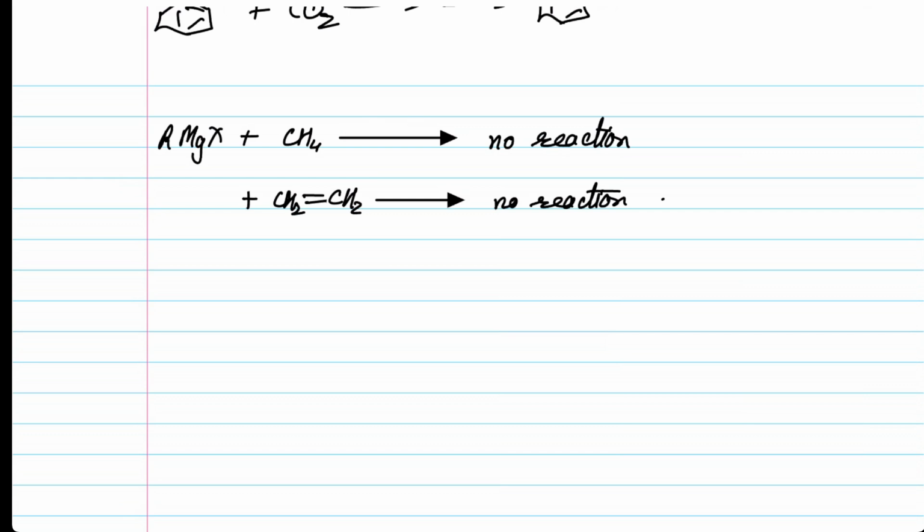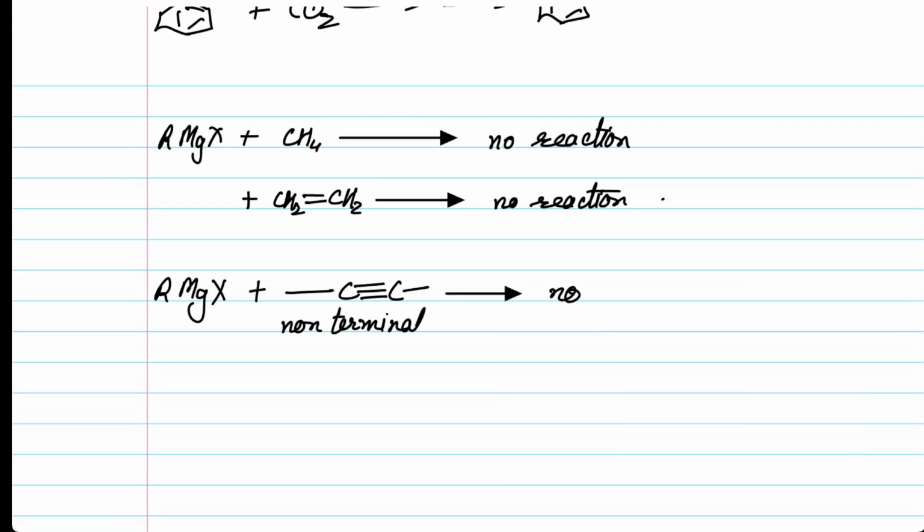When we talk about the reaction of the Grignard reagent with alkyne, and we talk about the non-terminal alkyne, that is, the alkyne which does not contain any hydrogen attached to the triple bonded carbon, this is what we call a non-terminal alkyne. This non-terminal alkyne will again give no reaction with the Grignard reagent.